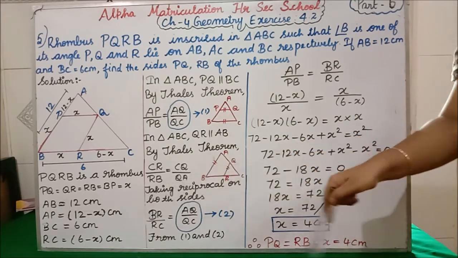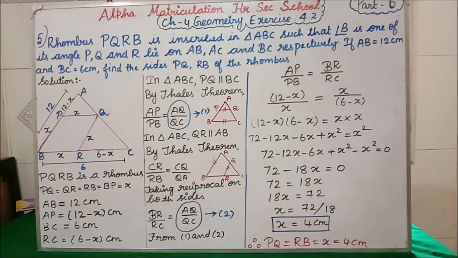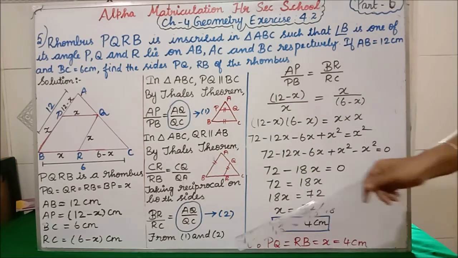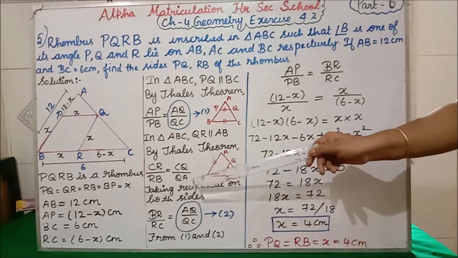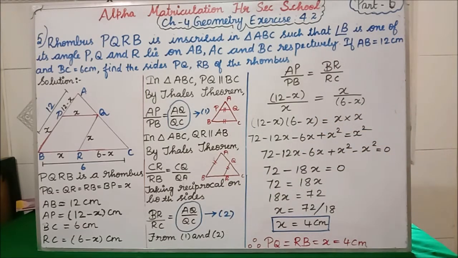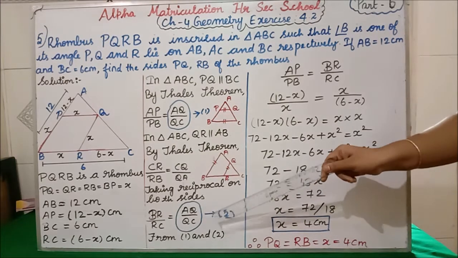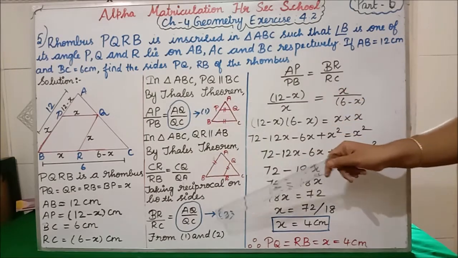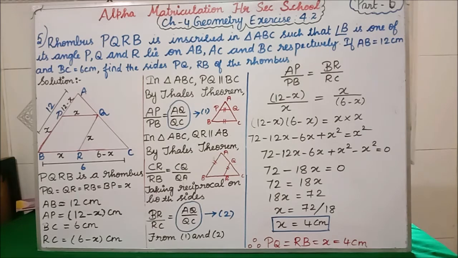So this RB goes up, BR. Similarly, this CR will come down, RC. On the right side, AQ goes up and QC comes down. Why are we taking the reciprocal? After the reciprocal, if you see equations 1 and 2, both the right hand sides are equal.